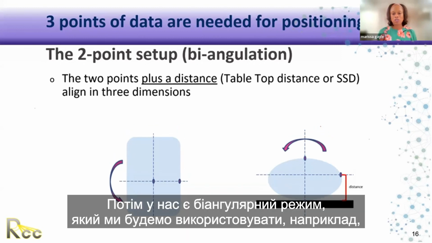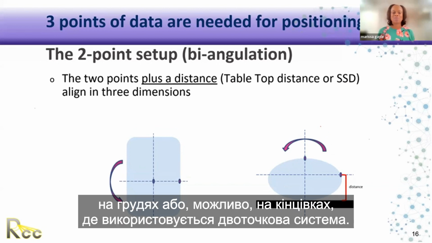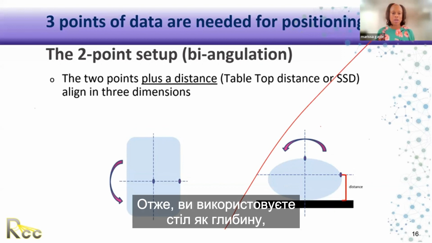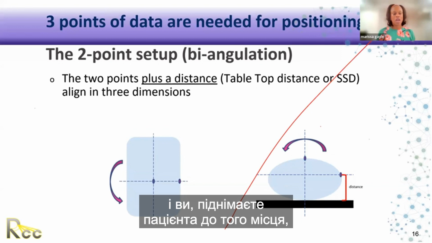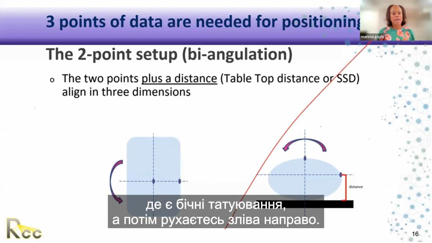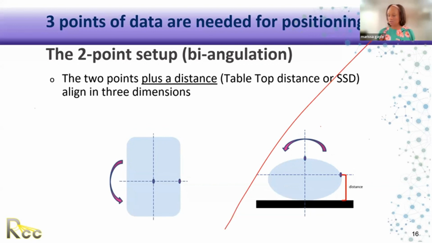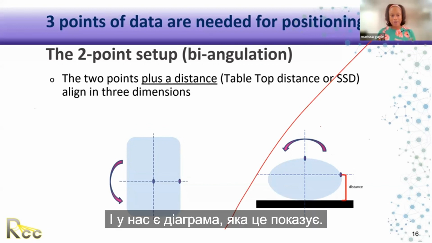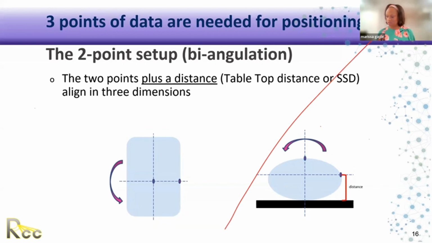Then we have biangulation, which we will use at times for breast setups and maybe extremities, which uses a 2-point system. So you use the tabletop as the depth, and you roll the patient to where the lateral tattoo is, and then use the left to right. And we have a diagram that shows that.